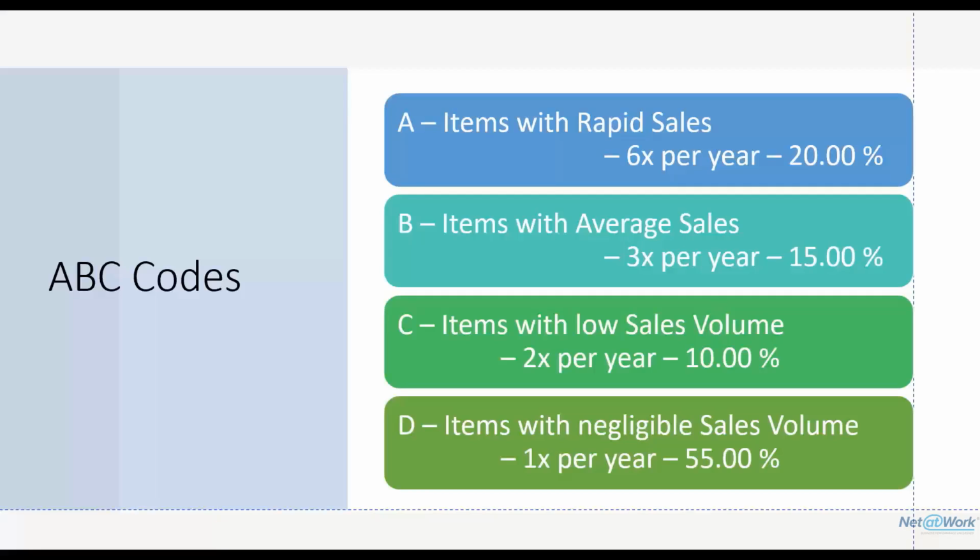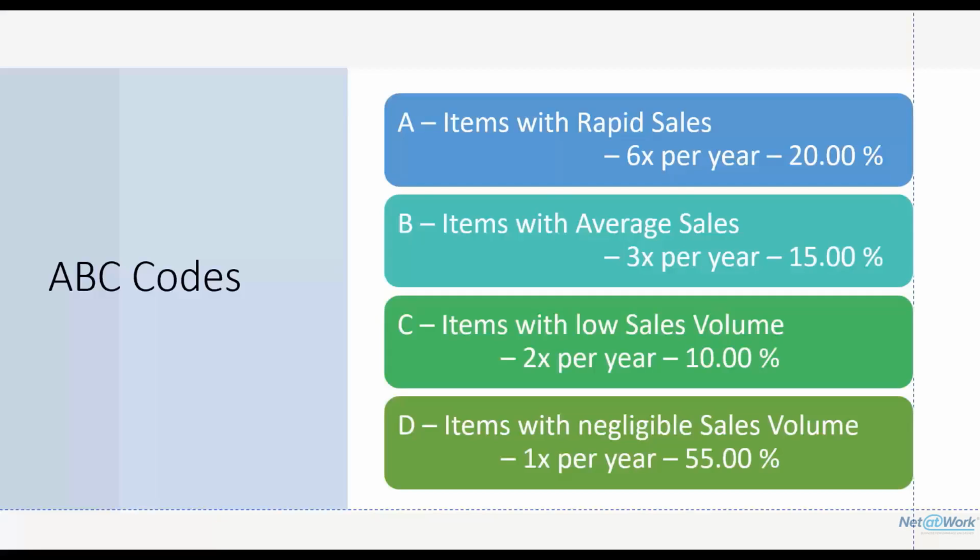B, items with average sales. So you probably want to count these 3 times a year, and your turnover rate's only about 15%. Then you get into items with low sales volumes, 2 times per year, and maybe 10%. And then items with hardly any, negligible sales volume, 1 time per year, with the maximum turnover rate of 55%.